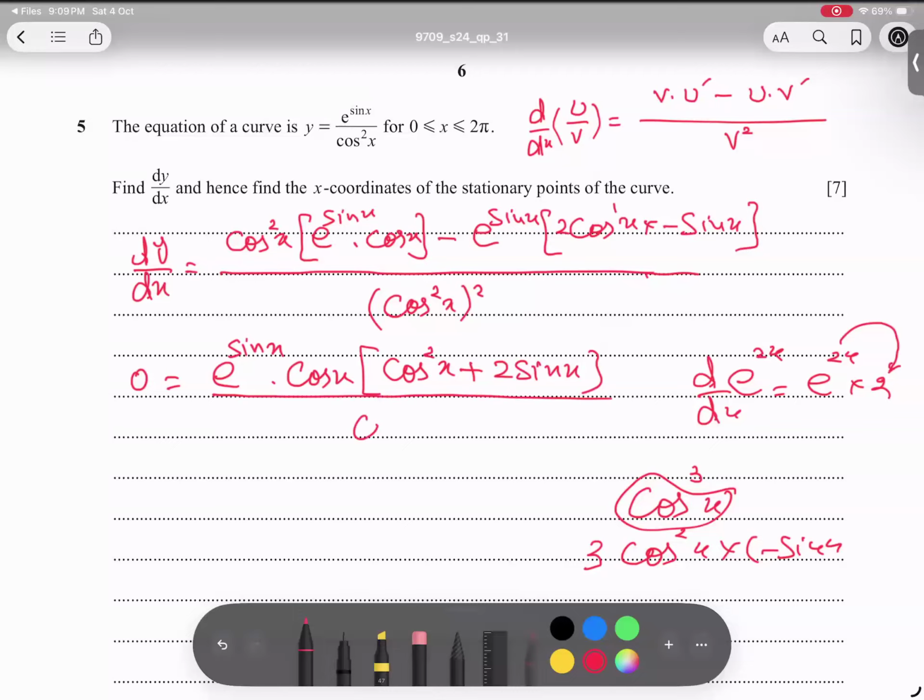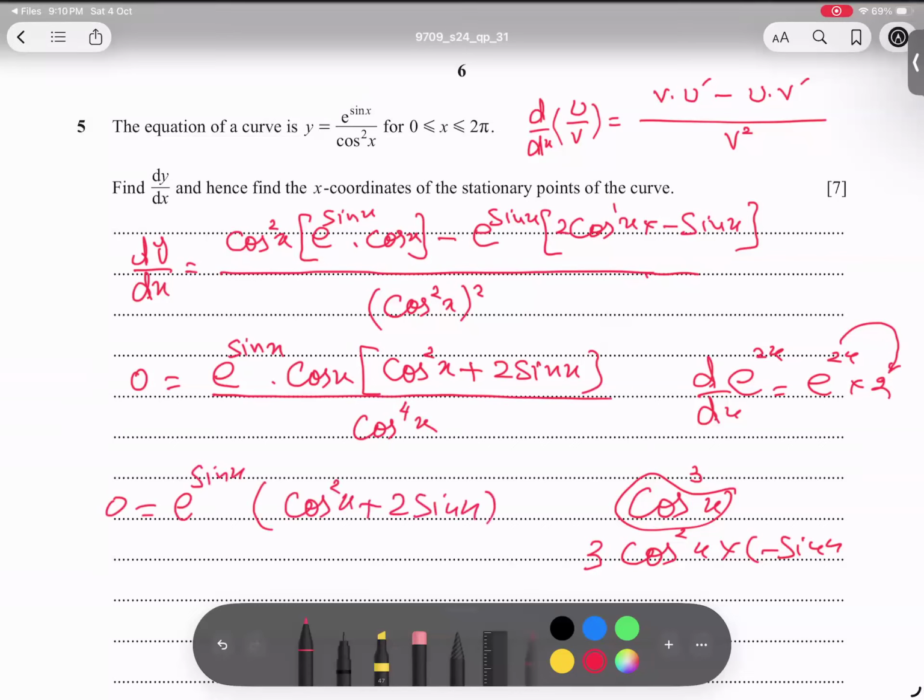And here I have cos to power 4. And this will cancel and power 3 comes. And that cos power 3 goes multiplied there and will cancel out. A short story: I have e to power sin x, and in the bracket cos square plus 2 sin x left behind.